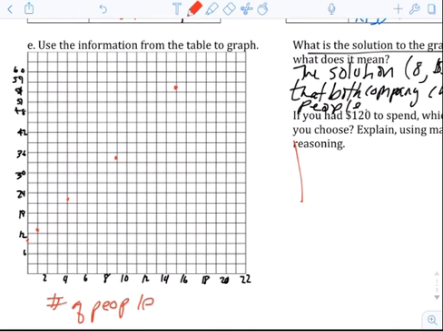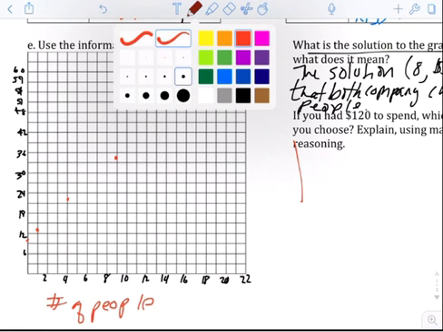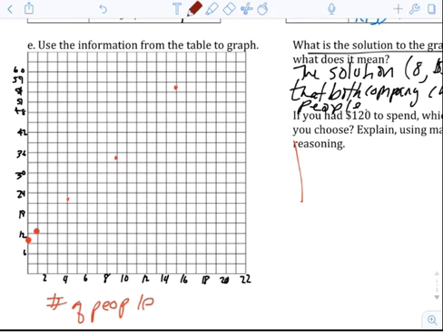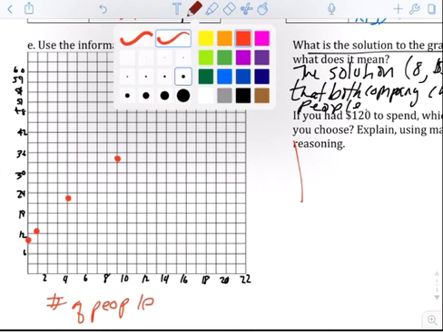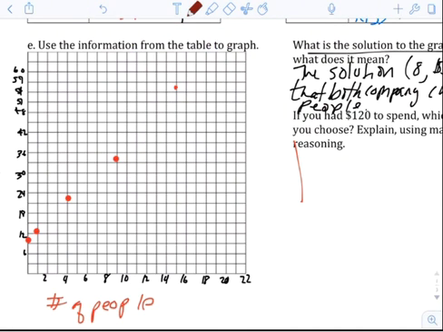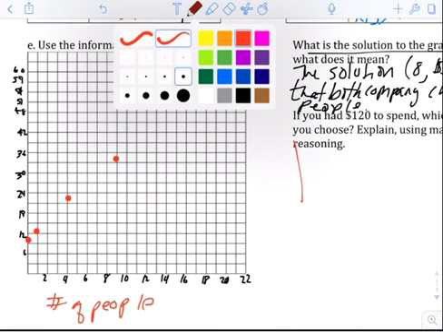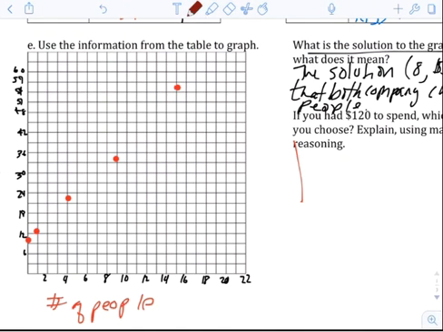Connect all those dots. Let me make those dots now a little bit bigger. And this is So Good.